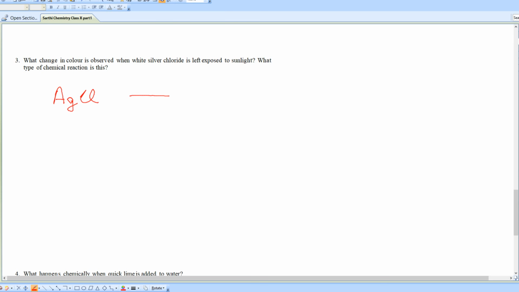AgCl, when we put it in sunlight, forms silver, which is solid, plus Cl2, which is gaseous. So let's balance this equation. So we have two chlorine atoms here.